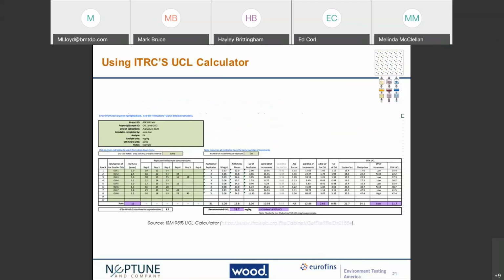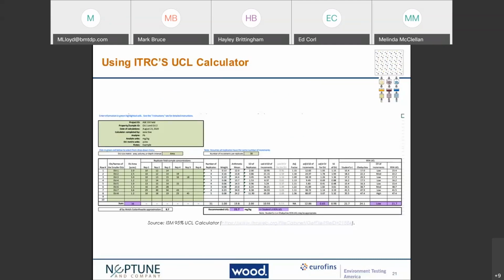So the ITRC ISM team put together this UCL calculator, which can help you decide which UCL is best for your project. The calculator comes in the form of an Excel spreadsheet, which is shown here just to give you an idea of what it looks like. The idea is you enter the sample results in the green cells on the left for each of your decision units.